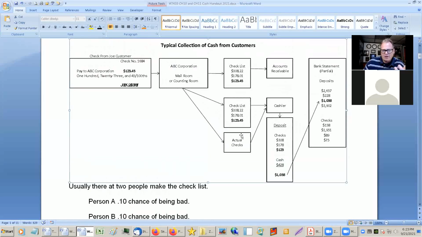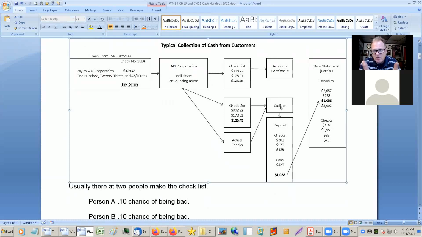So now we were already at a bank, but let's say this isn't a bank. Here, you're running a business and you get these checks in, and you have a cashier, usually someone in the office who is the designated cashier, and they get the checks and they make the deposit for the day.